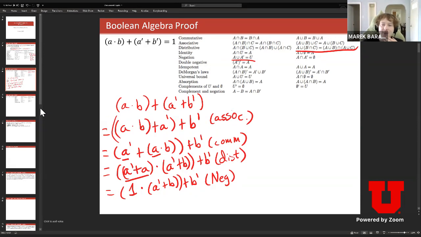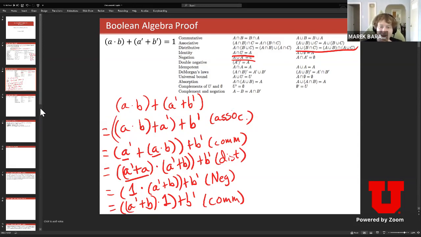And then next, we would like to use the identity rule right here. So we're going to need to do an application of the commutative rule first to do that. So we get A prime plus B prime times 1, and that's commutative.